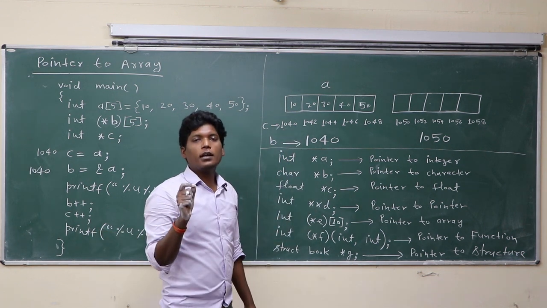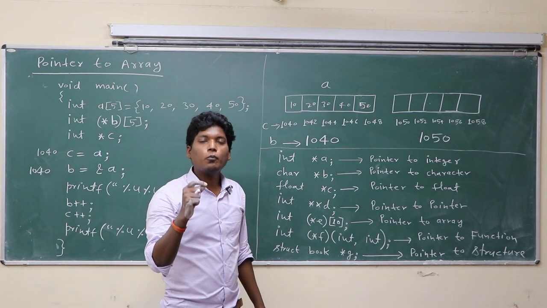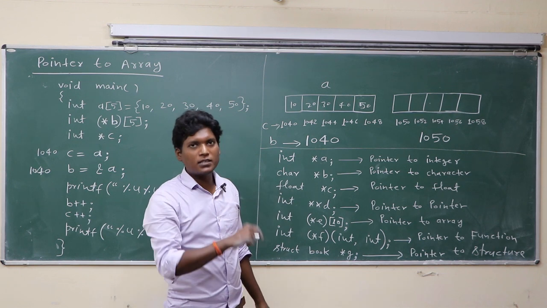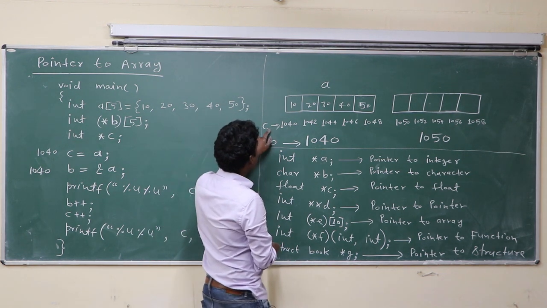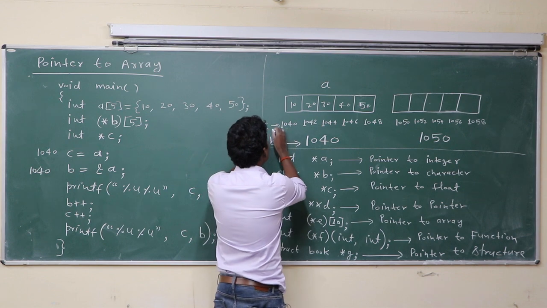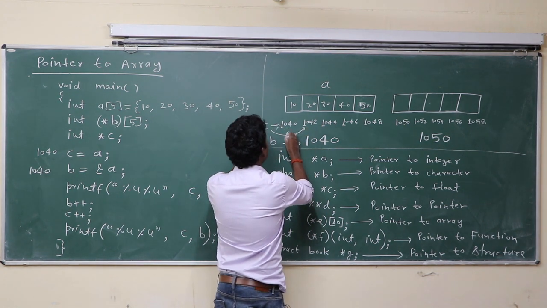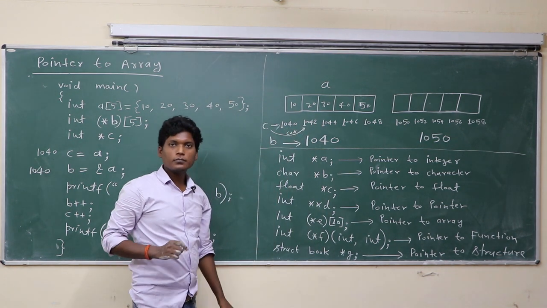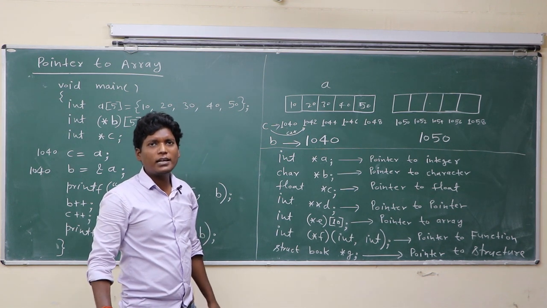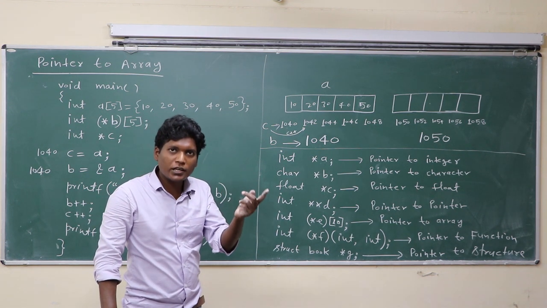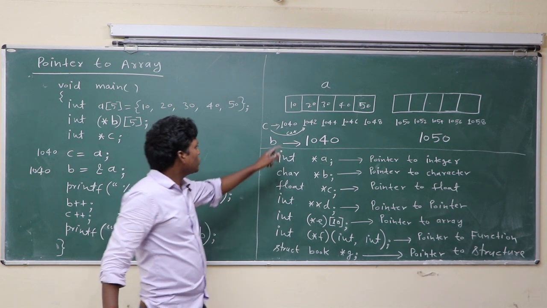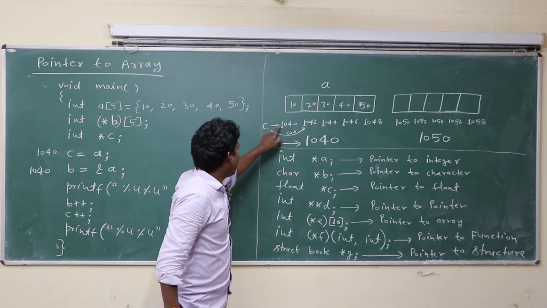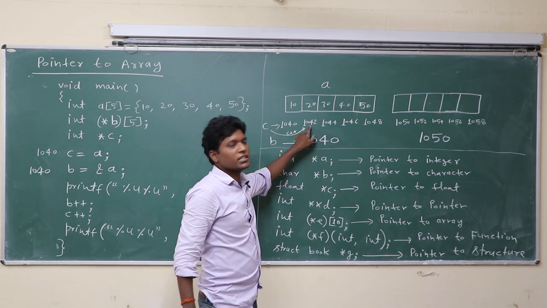When you increment a pointer, it points to the next location of its type. So when you increment C++, it points to this. First time C is here and second time C points to this.